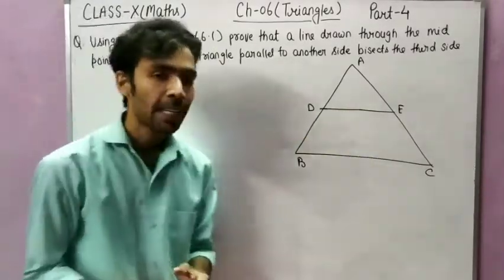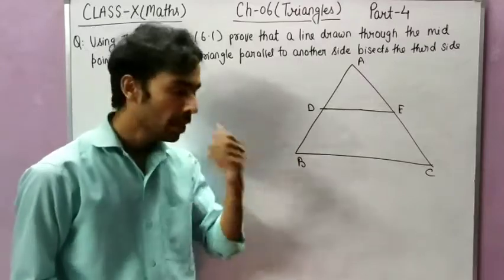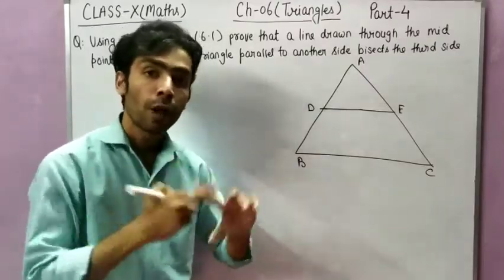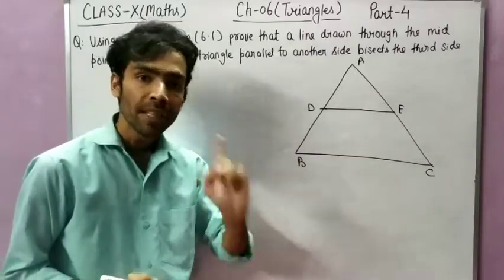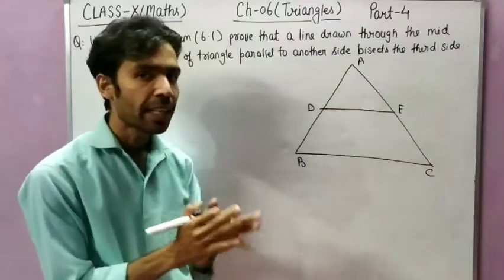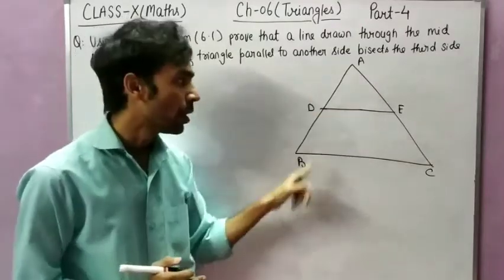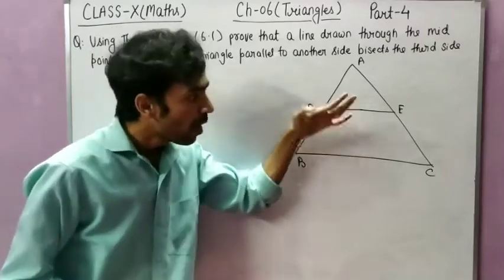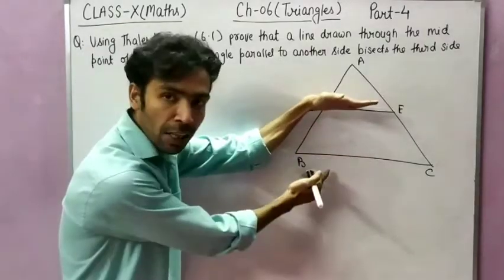Again I am going to repeat this statement. If a line is drawn from the midpoint of one side of the triangle, first I have drawn triangle ABC and taken one side AB. Suppose D is the midpoint of AB, so from D one line is passing which is parallel to another side.